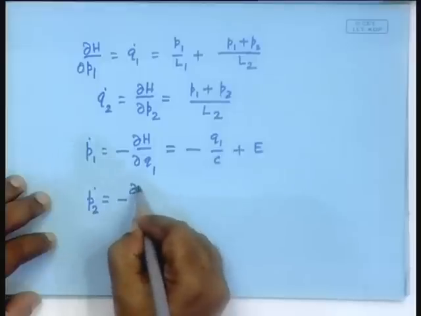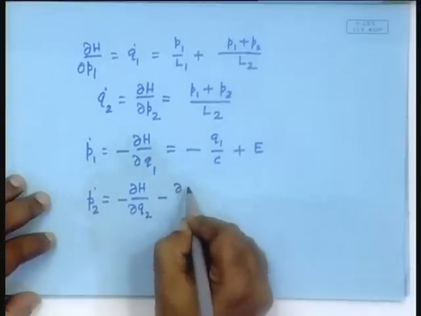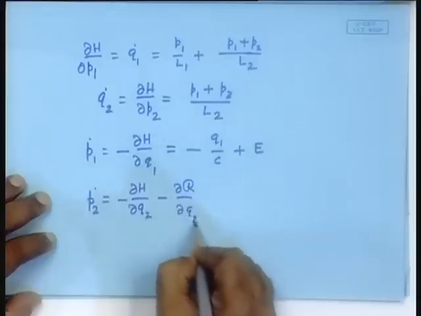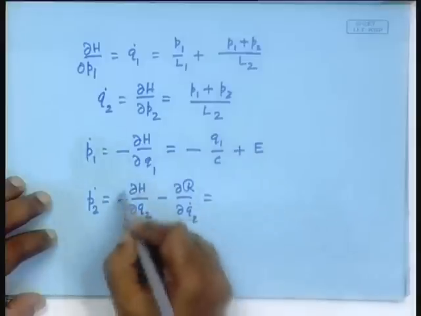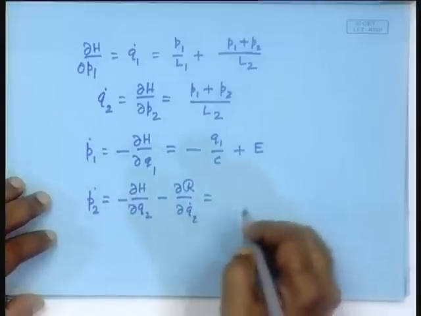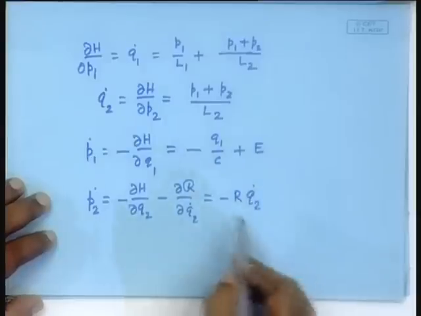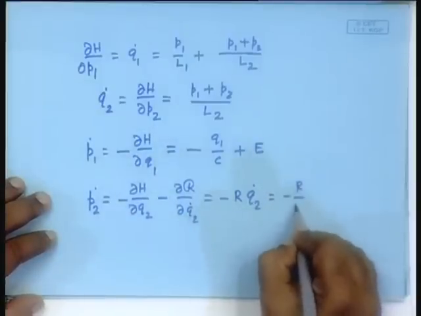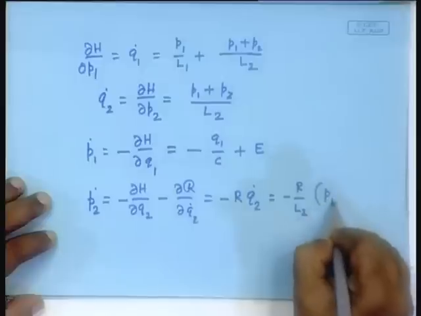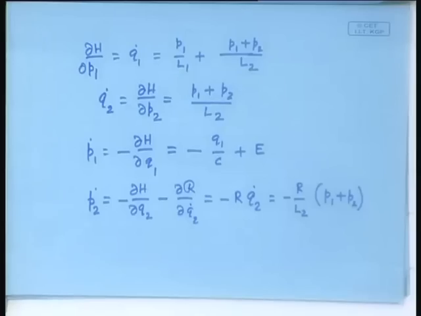This is minus the derivative of the Hamiltonian with respect to Q2 minus the Rayleigh function's derivative with respect to Q2 dot, that becomes, this is 0, this remains minus R Q2 dot, and then you substitute: minus R by L2 (P1 plus P2). Okay. So, that is how you write down the differential equations.